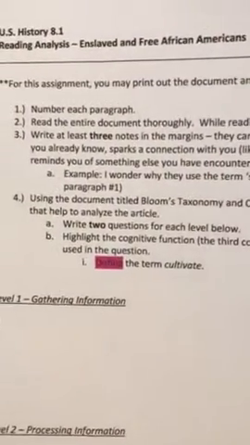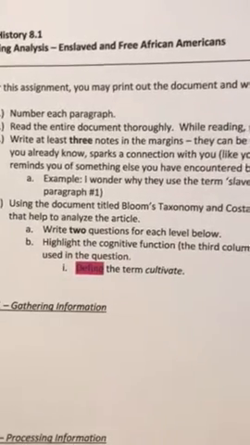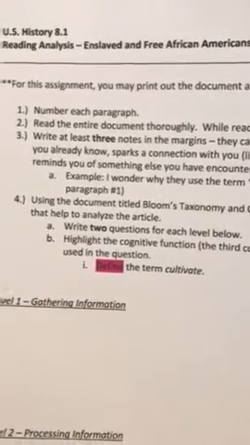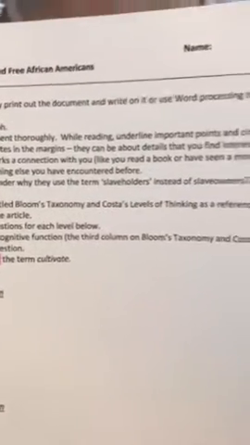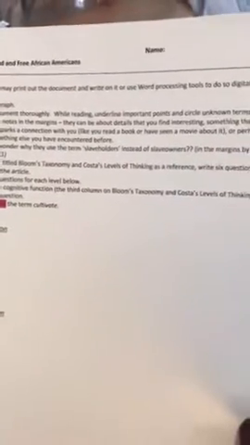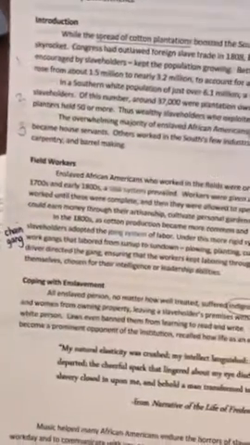Number 3 says, write at least 3 notes in the margin. They can be about details that you find interesting, something that you already know. Maybe it sparks a connection with you, okay? So what I did is, a lot of mine are actually on the second page.